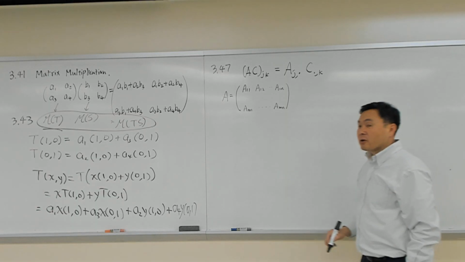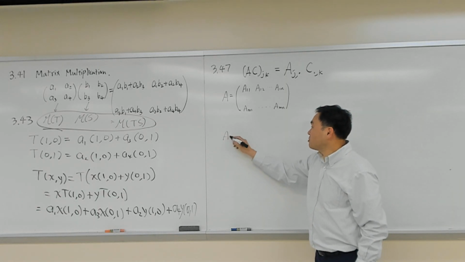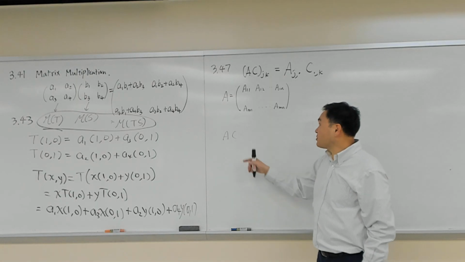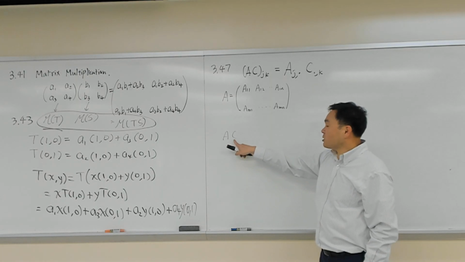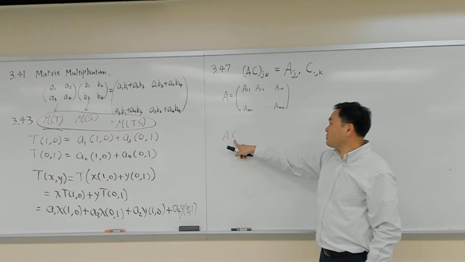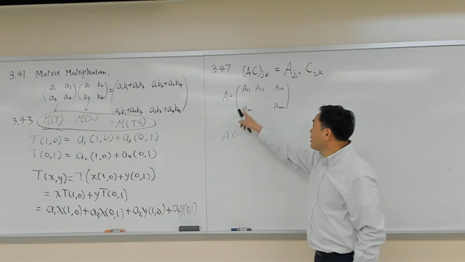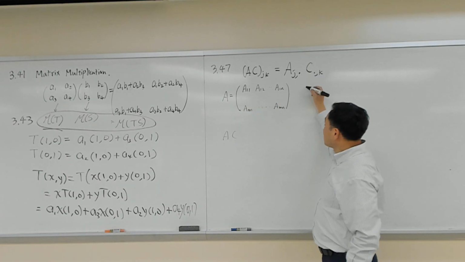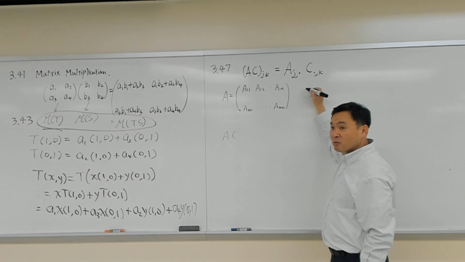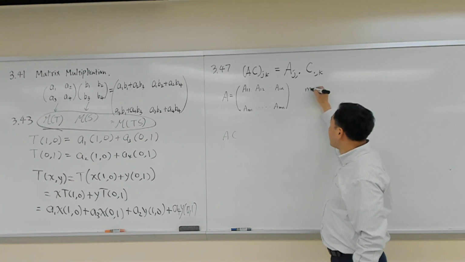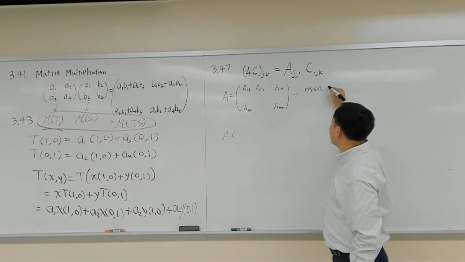Now, for AC to be defined, what dimension must C have? A is what by what matrix? How many rows? M rows and N columns, right? So this is an M by N matrix.